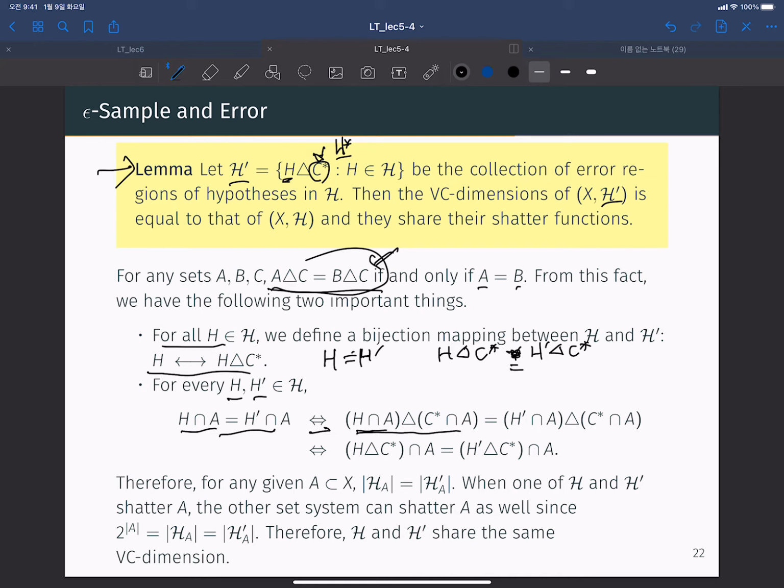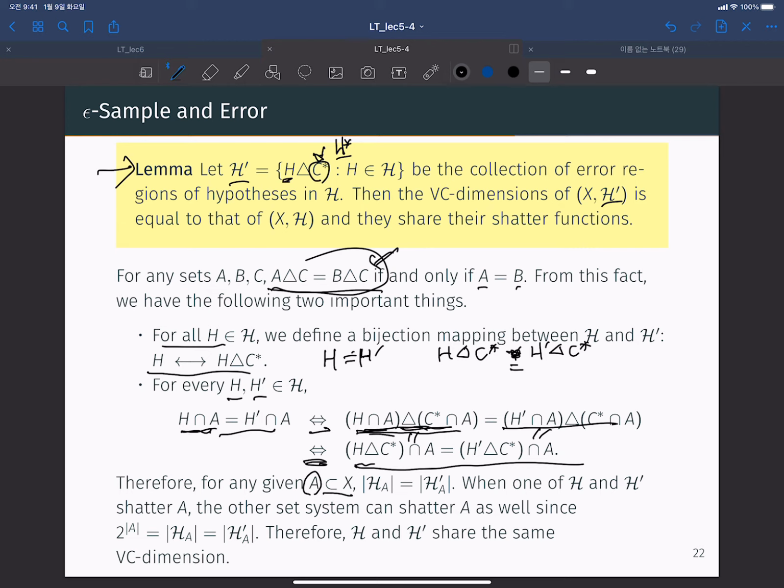And with a simple calculation, we can easily check that this is exactly the same as this, and this is exactly the same as this. So in the end, H intersect A is equal to H prime intersect A if and only if H set difference C star intersect A equals H prime set difference C star intersect A.